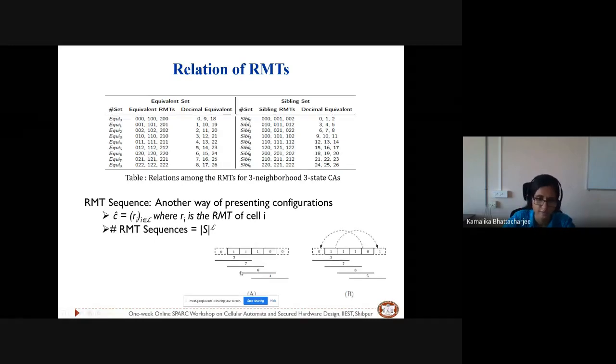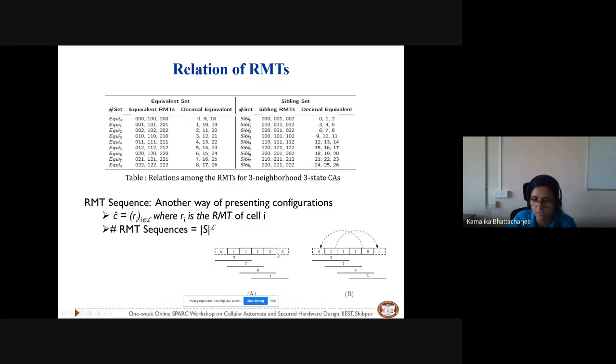The RMT sequence is obviously dependent on the boundary, because here we are considering finite CA, there is some boundary, and depending on the boundary condition we have to generate the RMT sequence, because for the boundary cells the RMT value can change. For example, this one is the first figure. This is for null boundary.